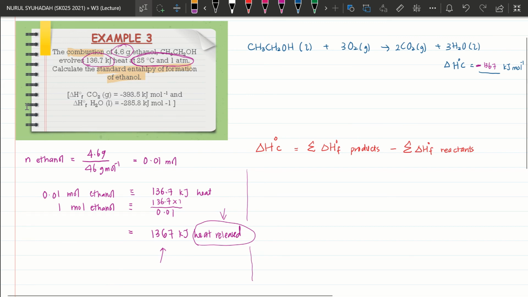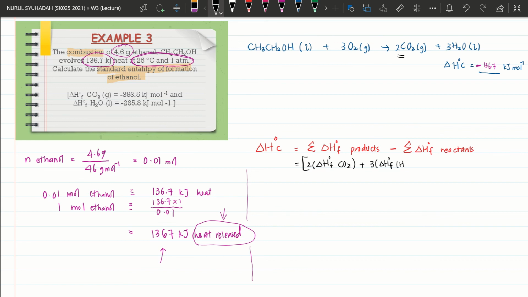Okay, so delta H naught C, if I were to elaborate this one, we need to have delta H naught formation of the product first, carbon dioxide, and then this value we need to times by 2 because we have 2 carbon dioxide, plus 3 delta H naught formation of H2O.